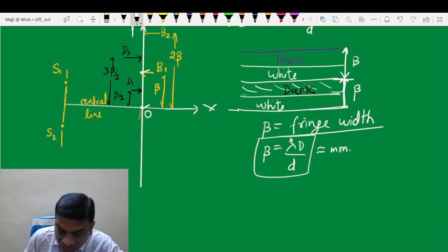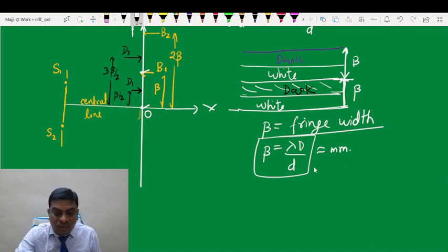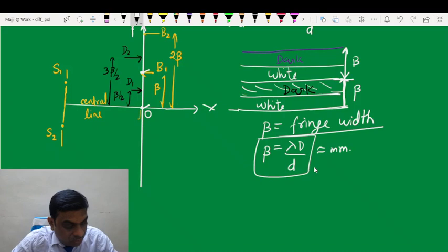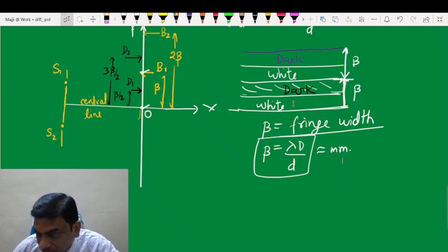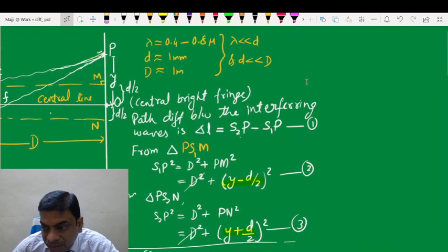Practically, when you substitute lambda, the wavelength of visible light may be somewhere between 400 nanometers to 800 nanometers. Capital D will be of the order of meters. It can be 1 meter, 1.5 meter, etc. And small d is of the order of millimeter. Then fringe width is also of the order of millimeter. So all these things you have to memorize here.